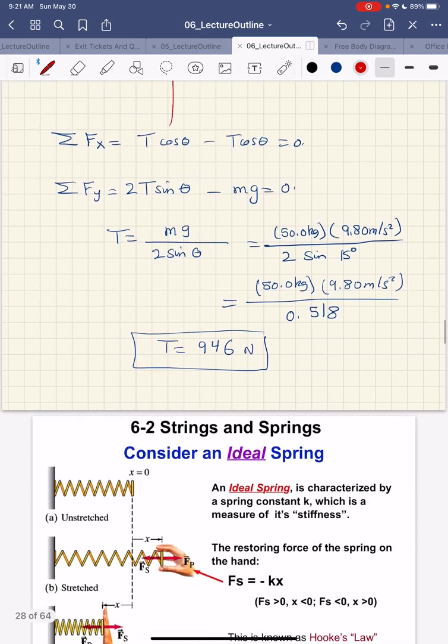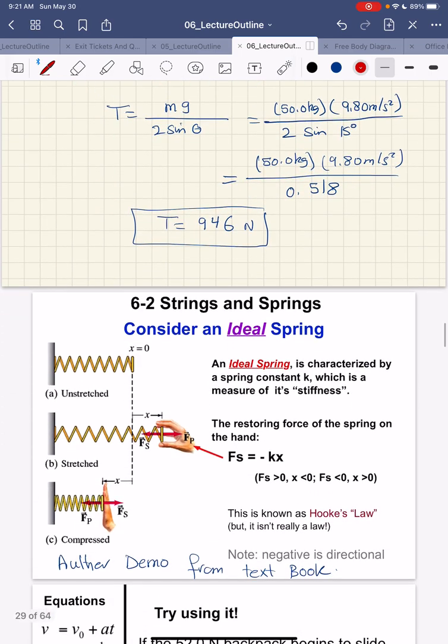Now, with springs, we know that we are going to deal with so many situations. We have springs, and there is a spring that we are going to call an ideal spring.